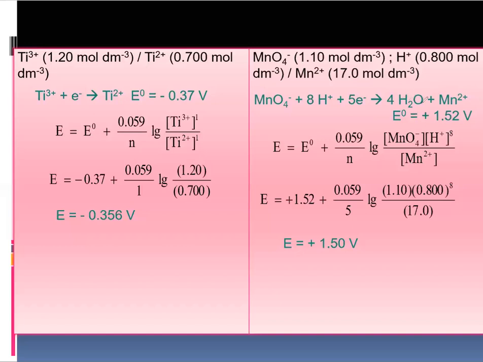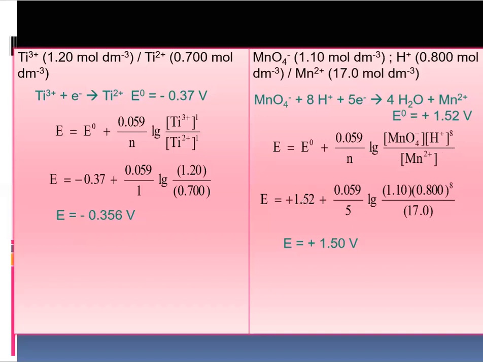Don't forget, the state of water here is liquid, so the value will be 1, and 1 times anything remains itself. That's why we have not included it. Whenever we have a solid or a liquid in the equation, the concentration is taken as 1, so it will not participate in the formula. You don't have to include it, 1 will not change anything, so you can just leave it out. So that's how we have this formula.